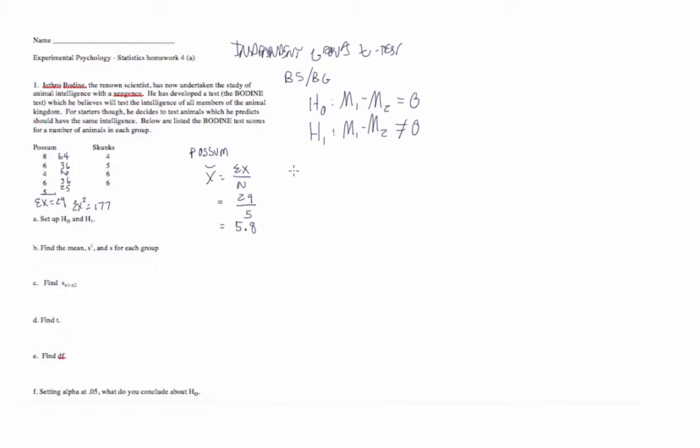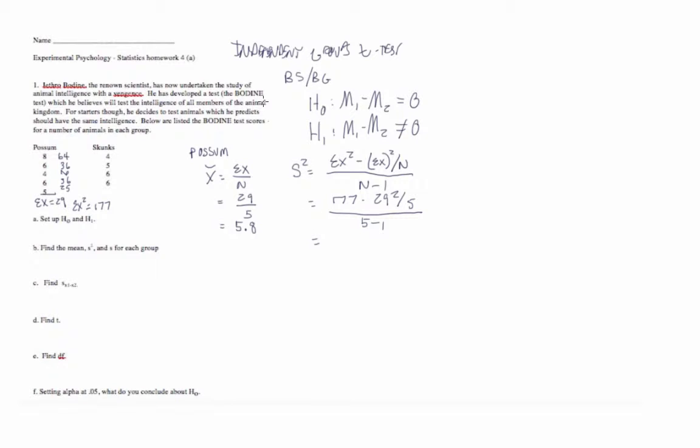We will do the variance next. And variance is equal to the sum of the raw scores squared minus the sum of the raw scores, squared, divided by n, over n minus 1. So sum of the raw scores squared, 177, minus 29 squared divided by 5, over 5 minus 1.